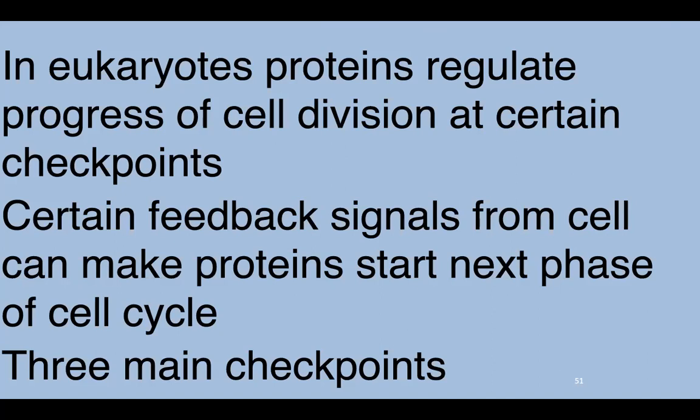You have other proteins whose job it is to make sure that the division occurs when it is supposed to. And there are going to be checkpoints during the cell cycle where these proteins are going to do their job.